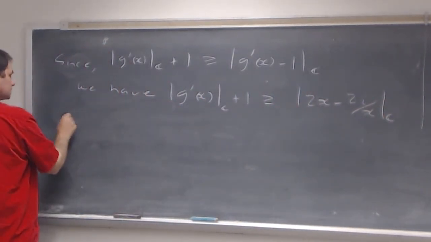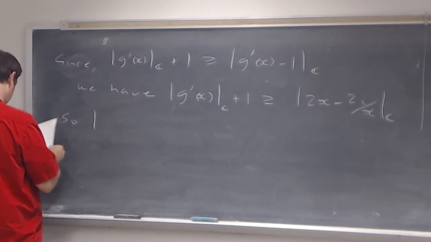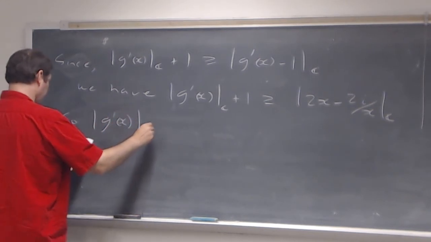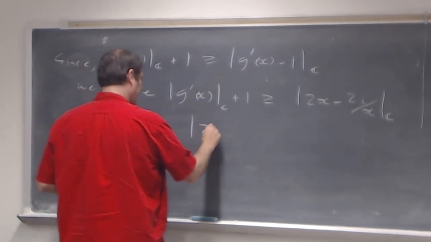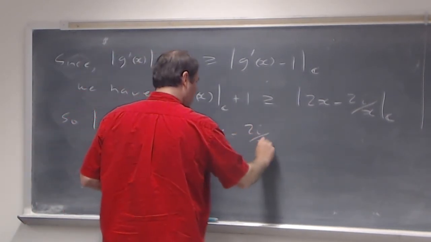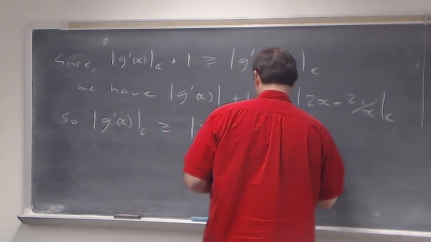And so the absolute value of g prime of x is going to be greater than or equal to the absolute value, this is in the complex plane, of 2x minus 2i over x in the complex plane. And this would be minus 1.